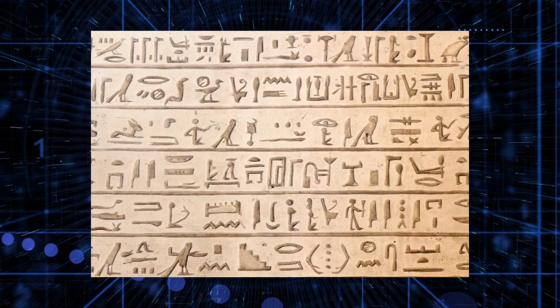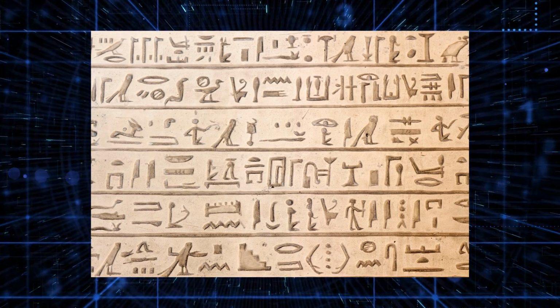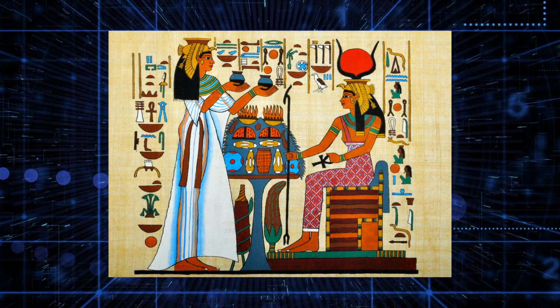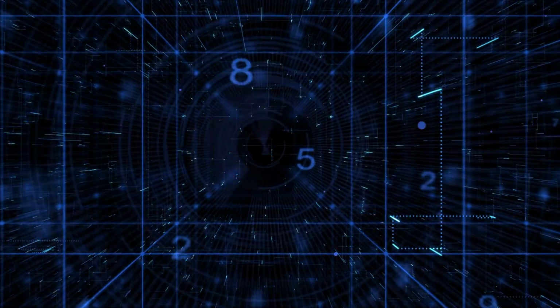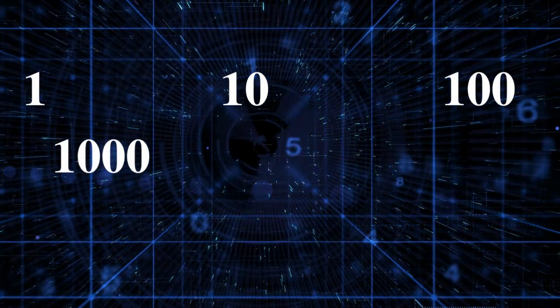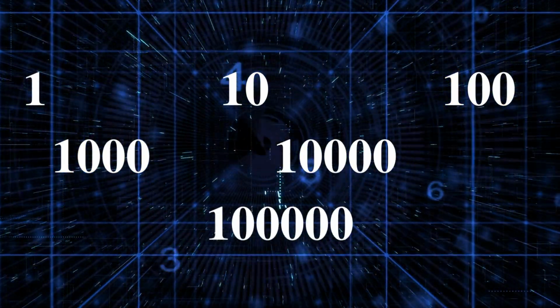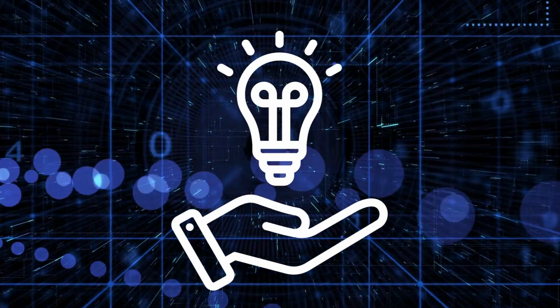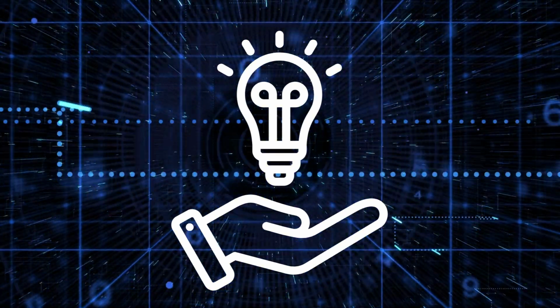Then there is the Egyptian numeral system. The Egyptians had a base 10 system of hieroglyphs. This means that they had different symbols for 1 and powers of 10. And from these symbols, the numbers were made.